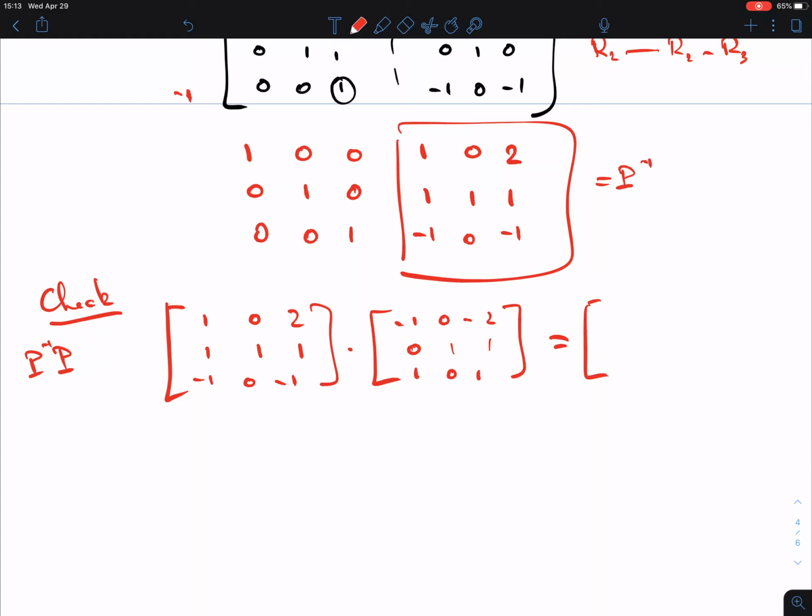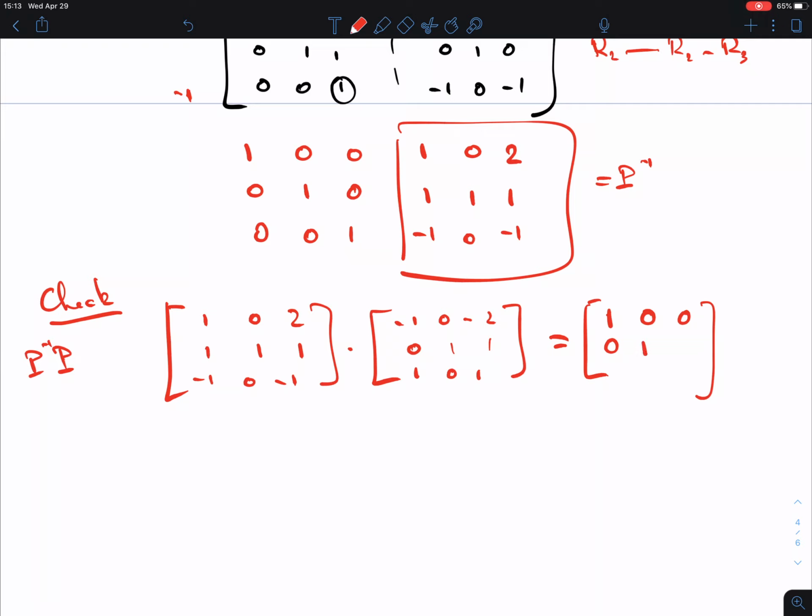Okay, so this element is minus 1 times 1, minus 1 plus 0 plus 2, that is 1, right? Yeah. And 0 plus 0 plus 0, great. Minus 2 plus 0 plus 2, yay. Then the second row, minus 1 plus 0 plus 1, 0. 0 plus 1 plus 0, 1.